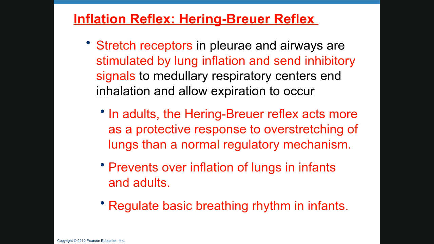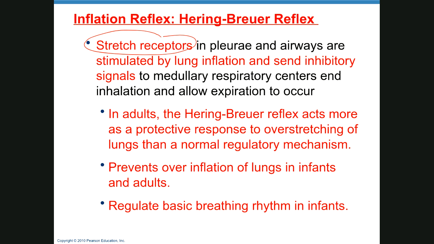Before I skip to the last PowerPoint, let me just go over this real quick. The stretch receptors in the lungs. The minute you stretch the lungs, there is a signal going to the brain to breathe out, so as to deflate the lungs. So inflation of the lungs triggers a reflex to deflate the lungs.